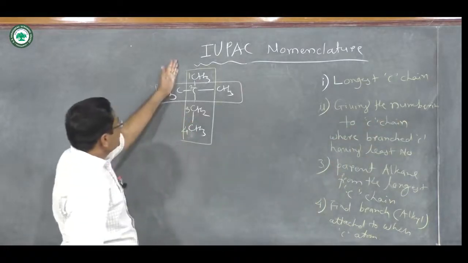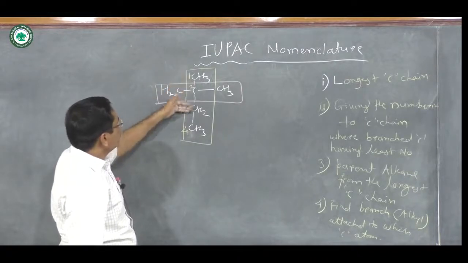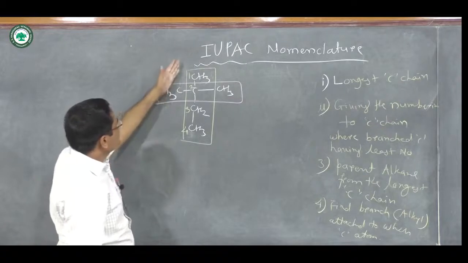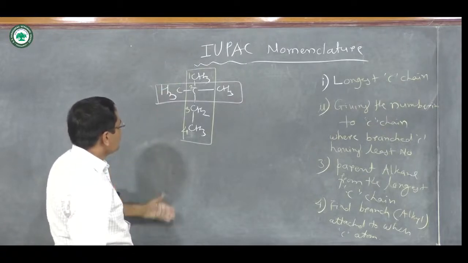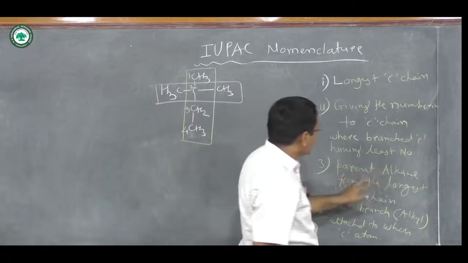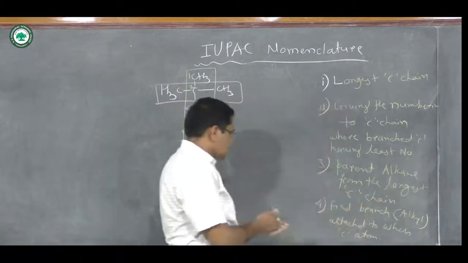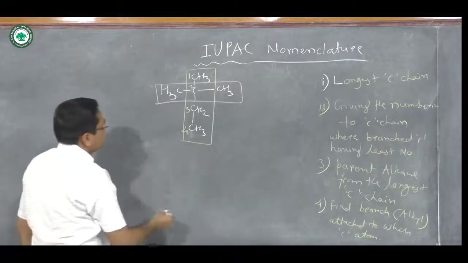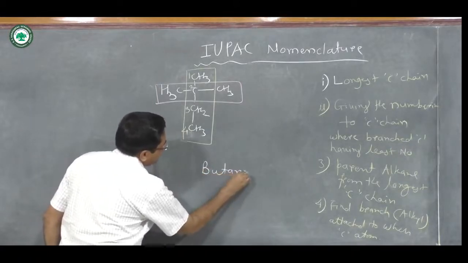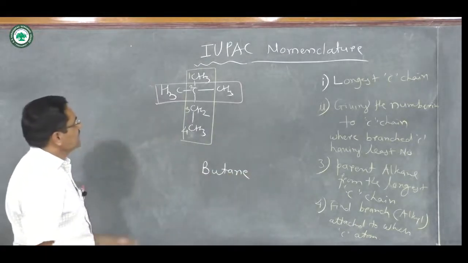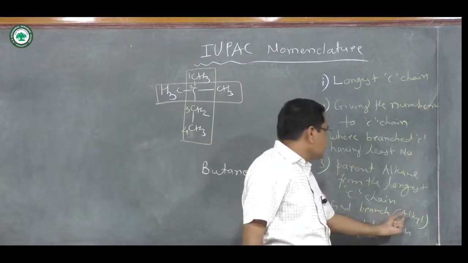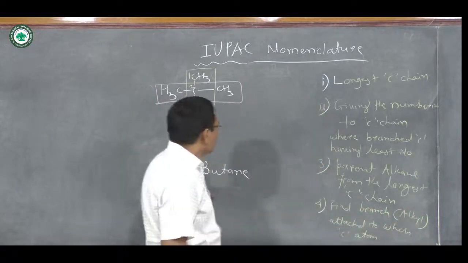So 1, 2, 3, 4 from the upper side to the bottom side, this is the proper numbering, not from bottom to upper side. Okay. Then next one, parent alkane from the longest carbon chain. Now in this carbon chain again butane is the parent alkane, and the fourth point is find the branch, that is, the alkyl groups attached to which carbon atom.